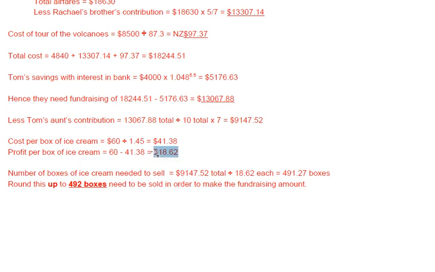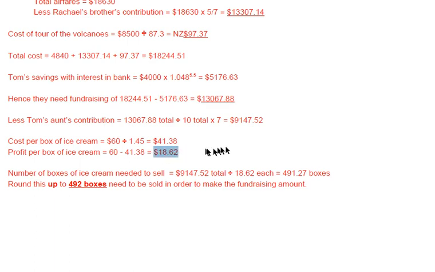So we do need to work that out first. How much profit for each box of ice cream? $60 is the original amount. Get rid of the amount that doesn't have a profit in it. Okay, so it's a little bit confusing here, I guess, but we end up with the profit that you have for each box of ice cream is $18.62.